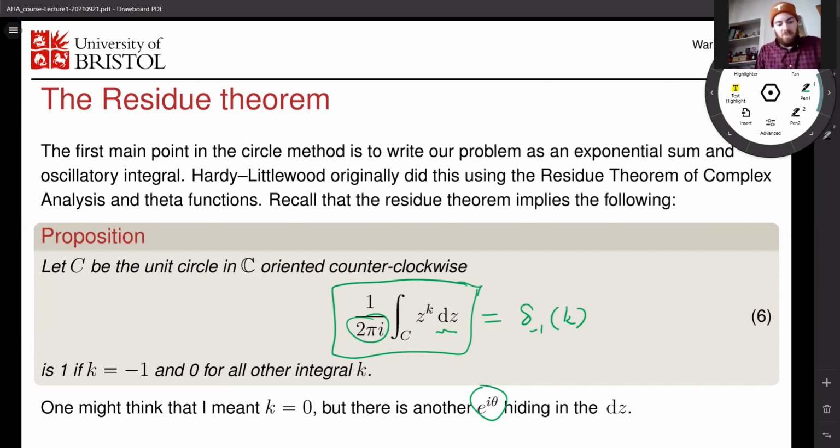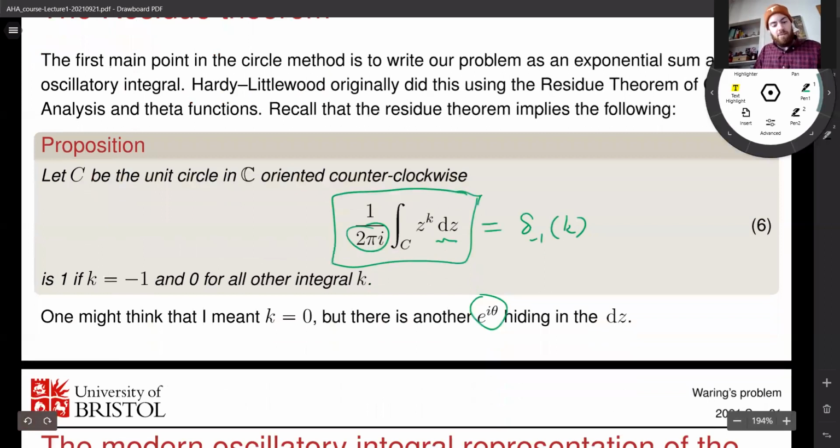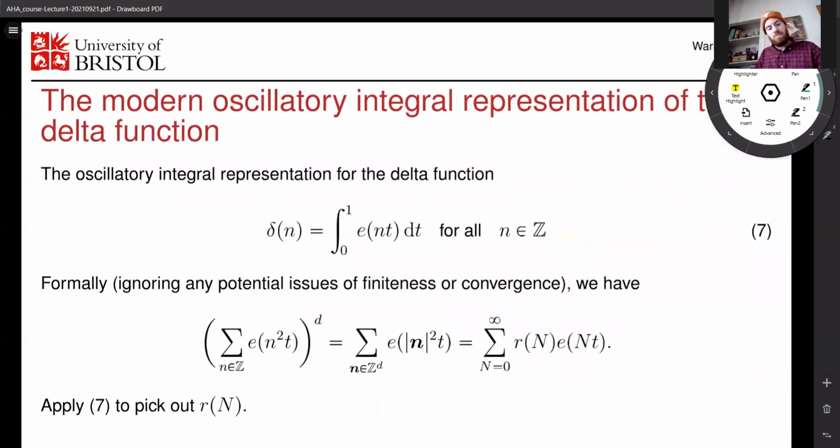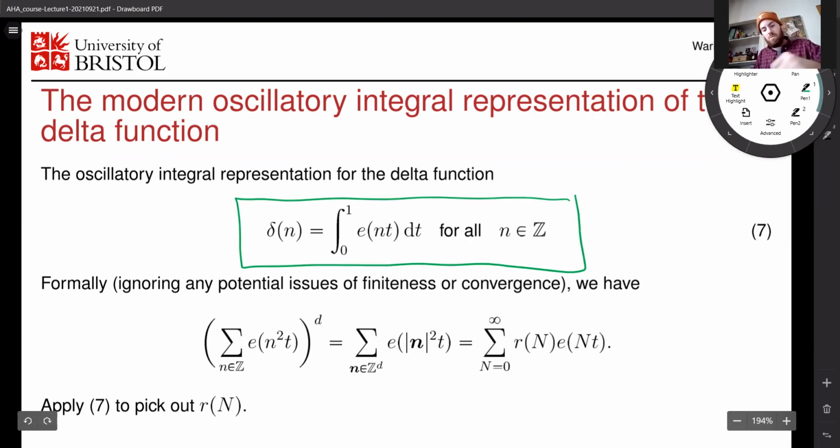I'm not going to go into that much more other than to allude to how Hardy and Littlewood did this. But they used this residue theorem here. Instead, we're going to take the modern viewpoint, which I believe was introduced by Vinogradov. And it's again this oscillatory integral representation we saw in the introduction.